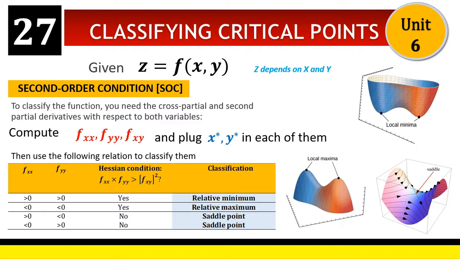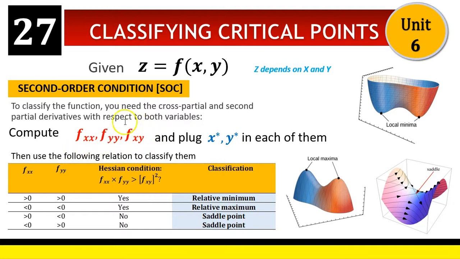In order to understand if the critical point that we find is a relative minimum or a relative maximum, we need to use the second order condition as we did before. However, for this case, the steps are more complex because first we need the second partial derivatives with respect to x and y, and also the cross partial derivatives.